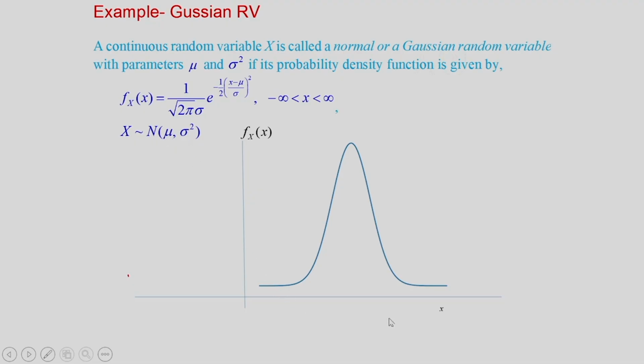Here is a plot of this PDF. It is a bell shaped curve, and the parameter sigma will determine the extent of this distribution, and mu is the central point, that is, the mean or even the mode or median of this curve is given by mu.